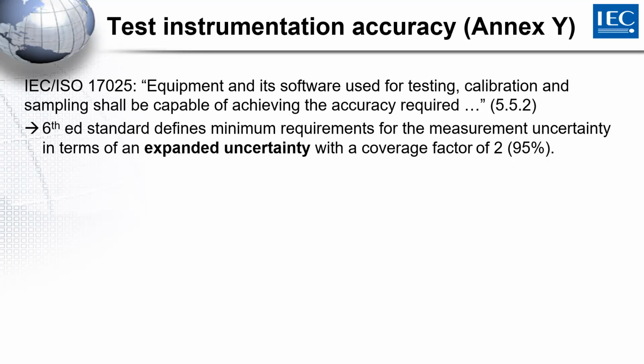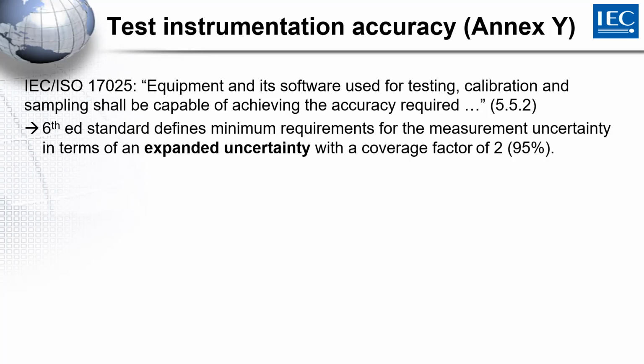And this is the range of the expanded uncertainty. And when you have a normal distribution, this expanded uncertainty is just twice the standard deviation. So this is called a coverage factor of 2. So twice the standard deviation, which gives you a 95% range which you are covering. And this is called the expanded uncertainty.